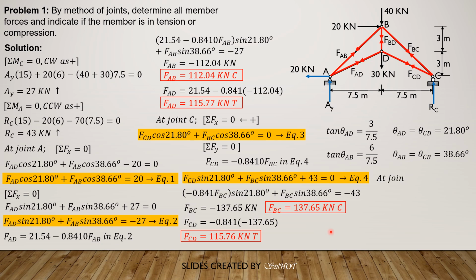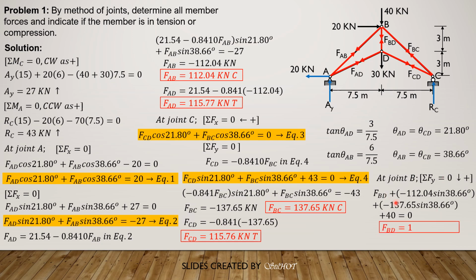Then finally, at joint B, summation forces vertical equals 0, downward as positive. So we have FBD plus negative 112.04 sine of 38.66 plus negative 137.65 sine of 38.66, plus 40 equals 0, because downward is positive.